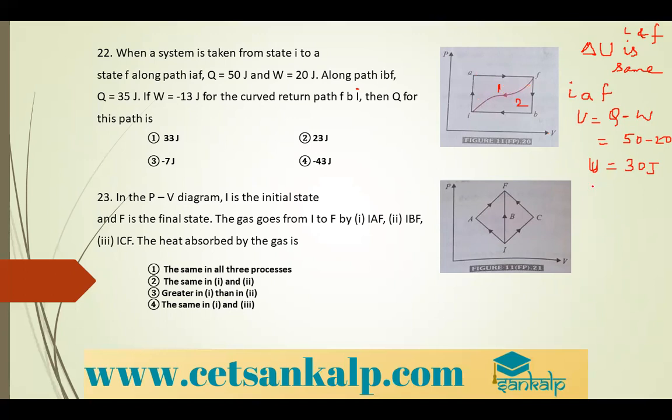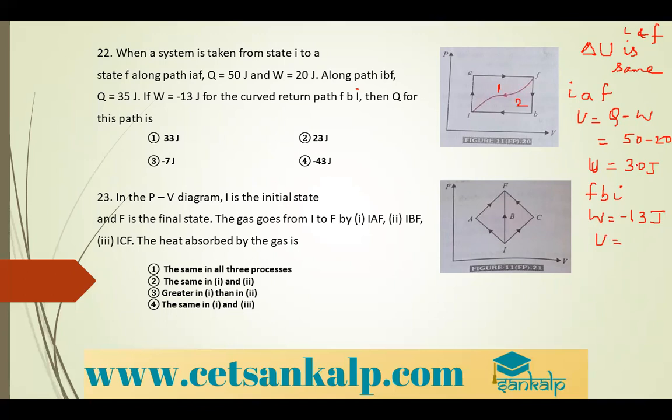Okay, now for FBI, they have told that W is equal to minus 13 joules. The internal energy they have given as 30 only.